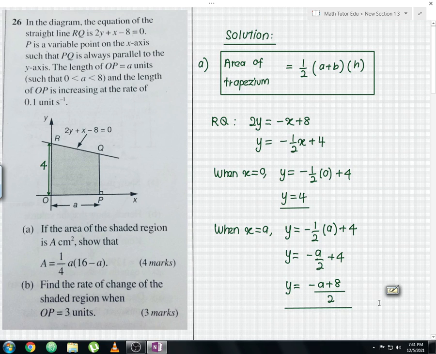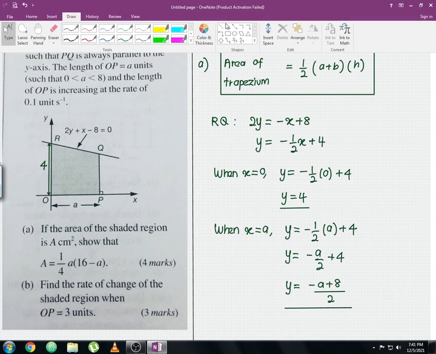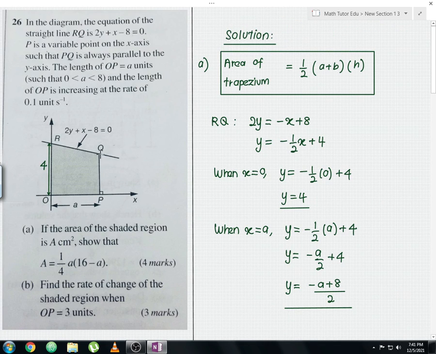So from here we can easily find our second length, guys. The distance between the point P and Q is negative A plus 8 over 2. Let me label this: negative A plus 8 over 2.